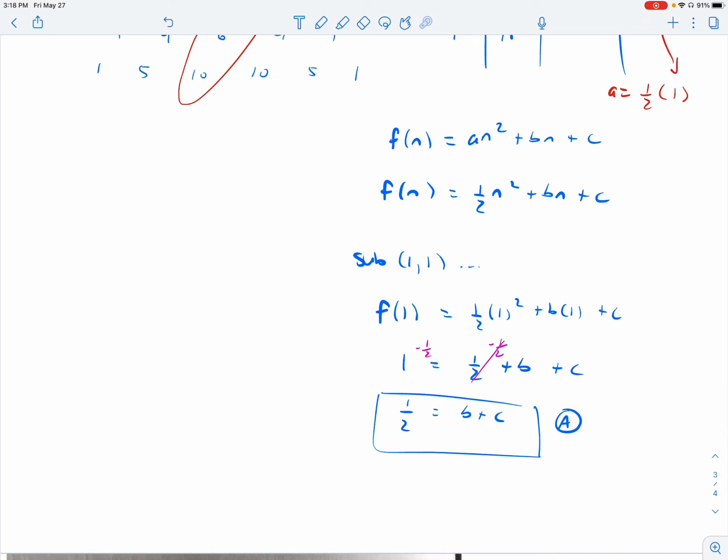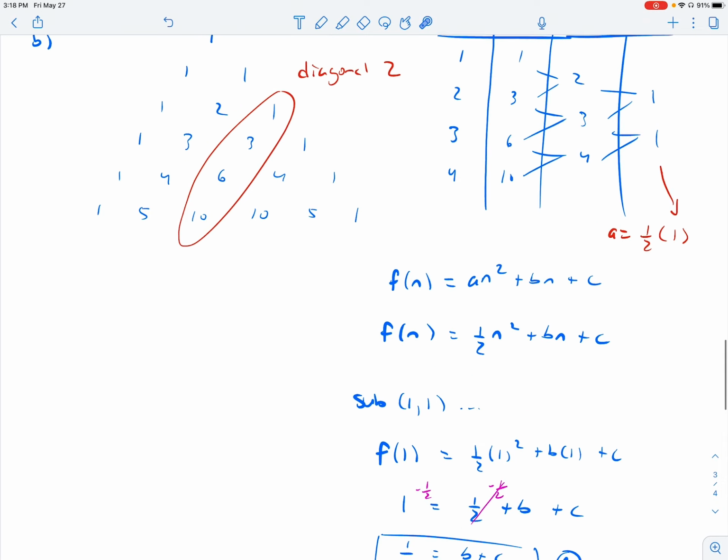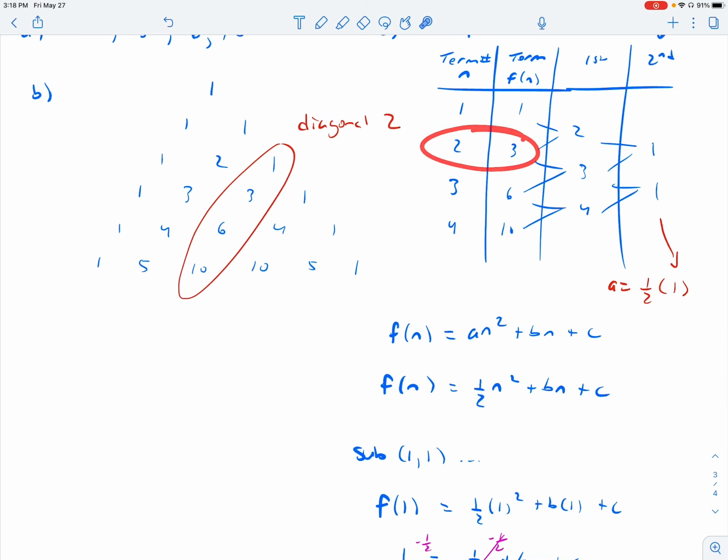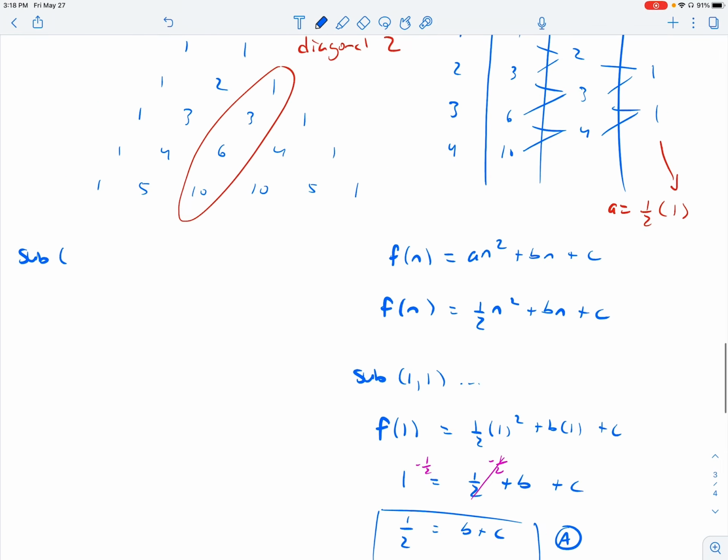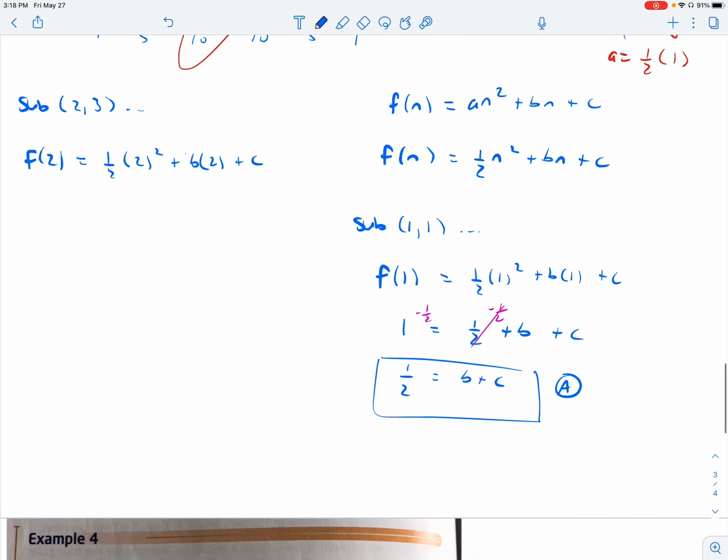Now we're going to get a second equation. To do that, we'll take our next ordered pair and sub that in. That was 2, 3. So f of 2 is going to equal a half times 2 squared plus b times 2 plus c. f of 2 is 3.